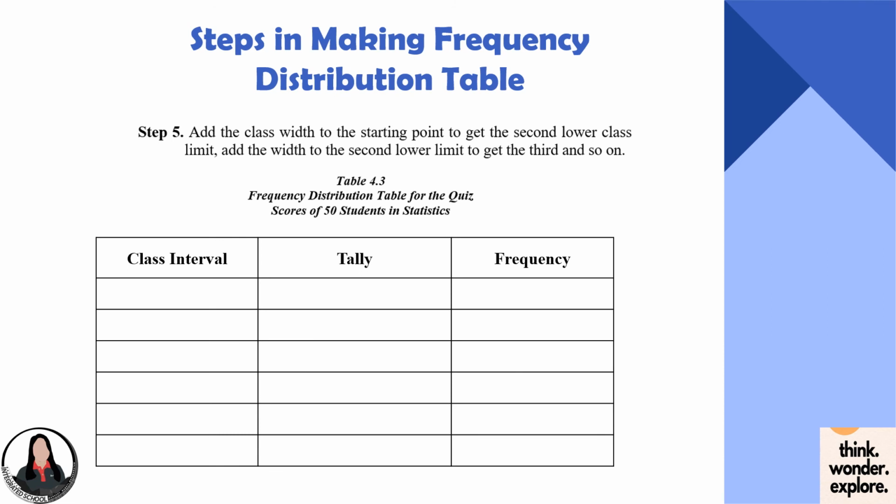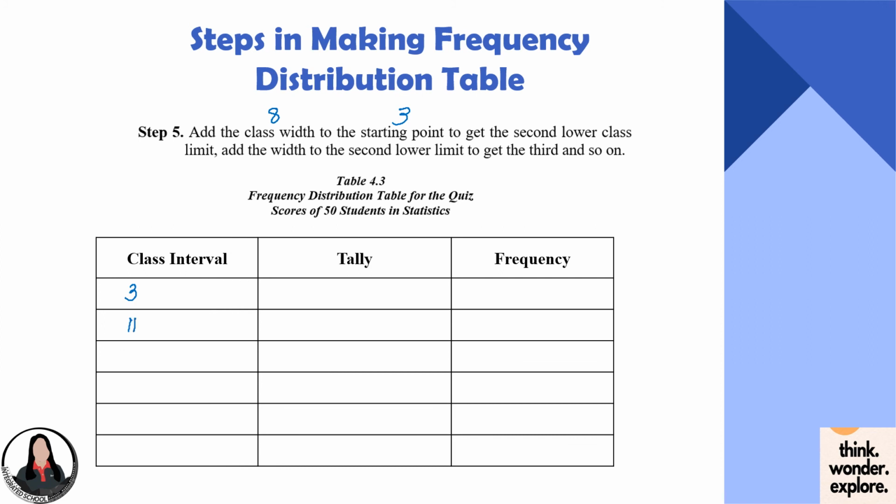Step 5, add the class width to the starting point to get the second lower class limit, and then add the width to the second lower limit to get the third, and so on. The class width is 8, and the starting point is 3, as we determined earlier. So the first lower class limit is 3. Then we add 8 to get the second lower class limit: 8 plus 3, that's 11.